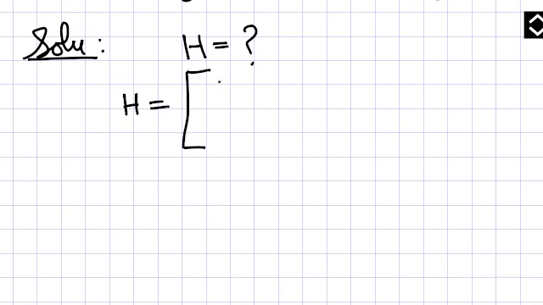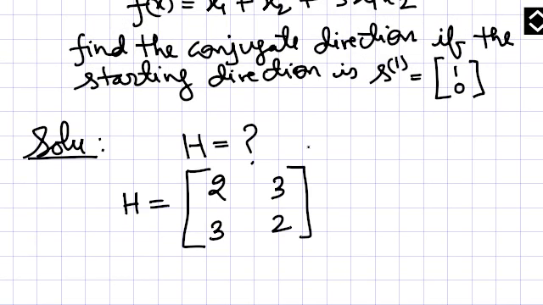If you find the Hessian matrix of that function, you will find this. Briefly, the first element here is del 2f over del x1 square, and this element here is del 2f over del x1 del x2, like this. So you can very easily find the Hessian matrix. The first step is to find the Hessian matrix.